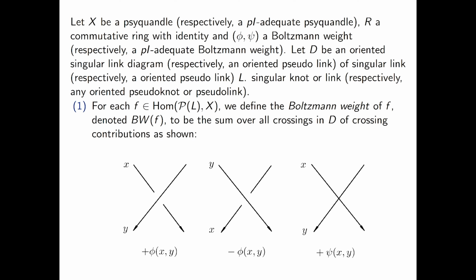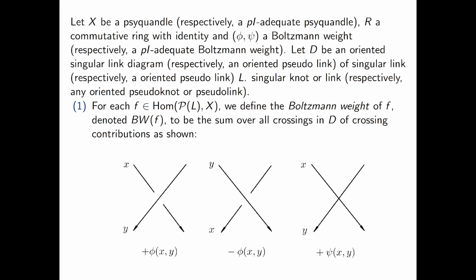And so this is going to be denoted by BW of F, where F is an X coloring. And in order to compute this Boltzmann weight of the coloring, we're going to do this by taking the sum over all crossings in our diagram D. And we're, of course, going to be following the weight contribution rule that we set up earlier.